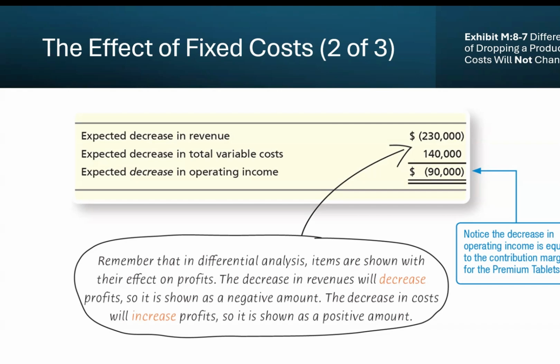The decrease in revenues will reduce profits, so it is shown as a negative amount. The decrease in costs will increase profits, so it is shown as a positive amount. So this analysis indicates that management should not discontinue the premium tablets.